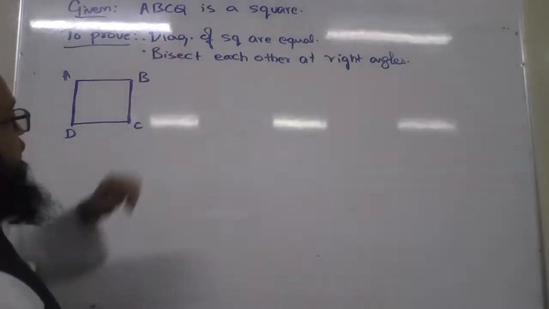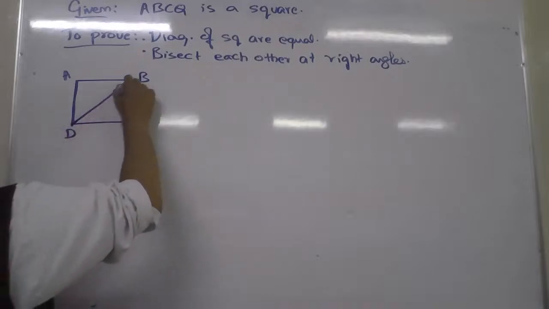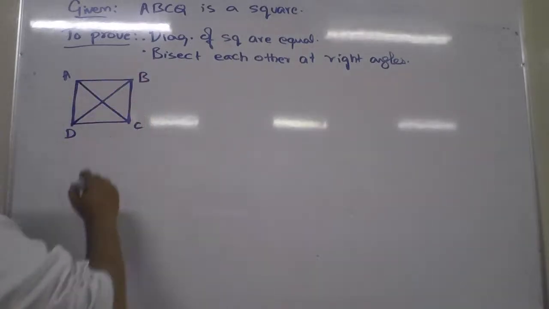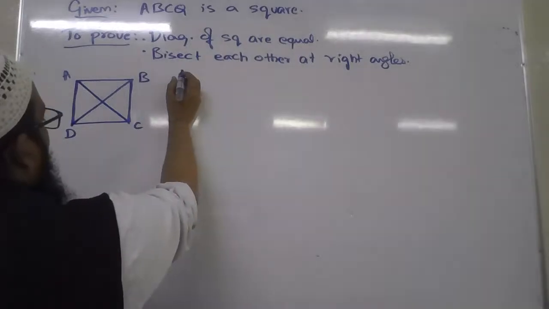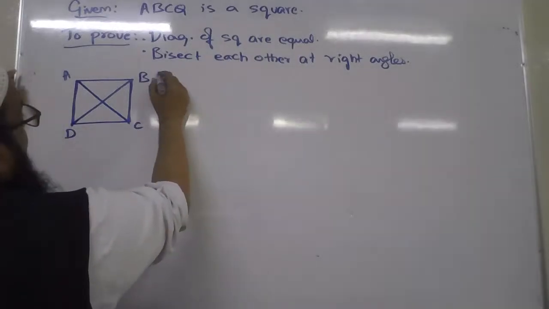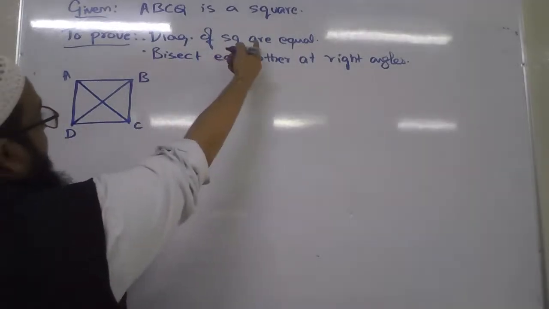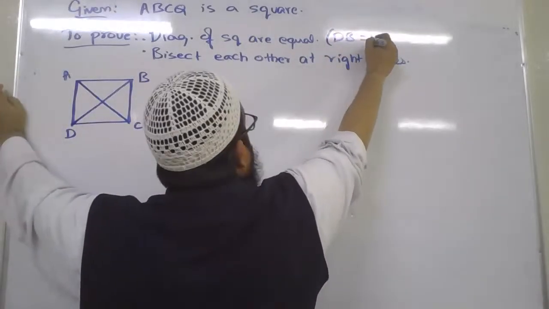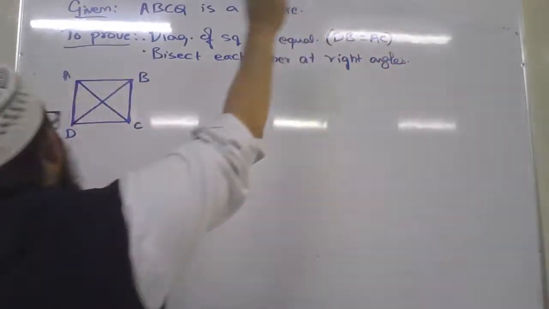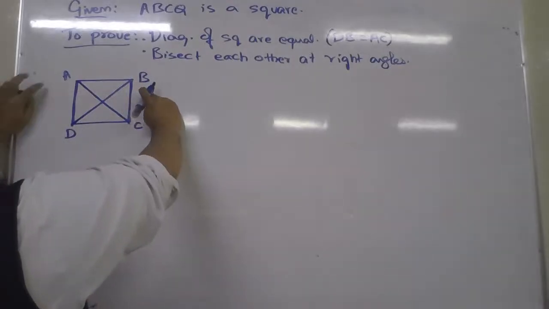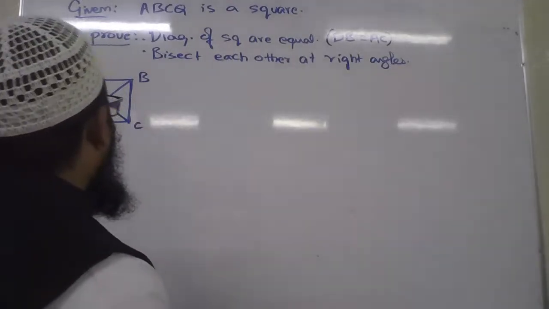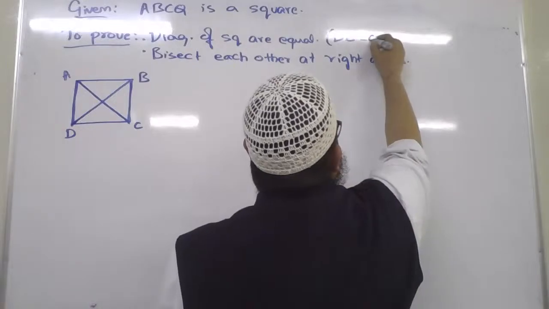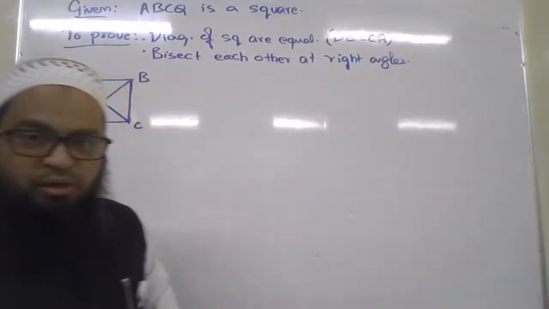The first one, diagonals of a square are equal. That means DB is equal to CA.